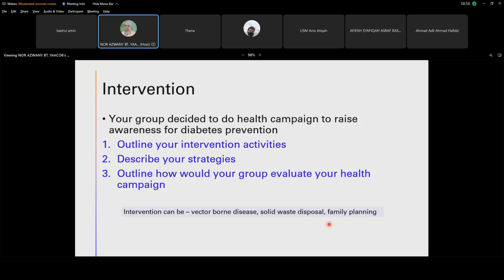That's why I say if they ask to state the appropriate statistical test, chi-square is enough. But if they say state and justify the appropriate statistical test, that means you have to explain why chi-square test. Then the marks may be 5 marks. That is some of the tips in answering scenario-based questions.